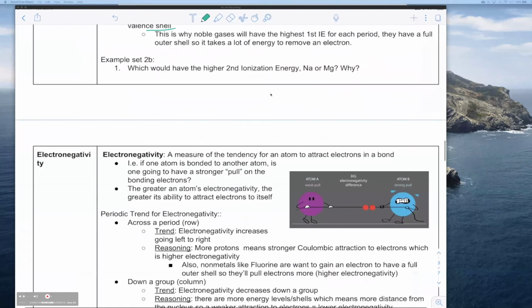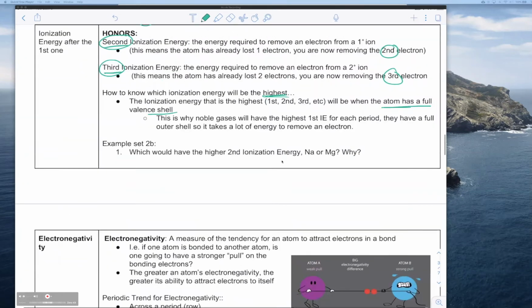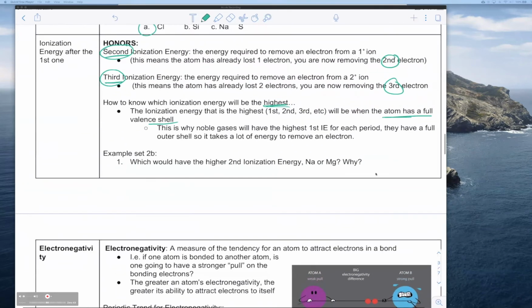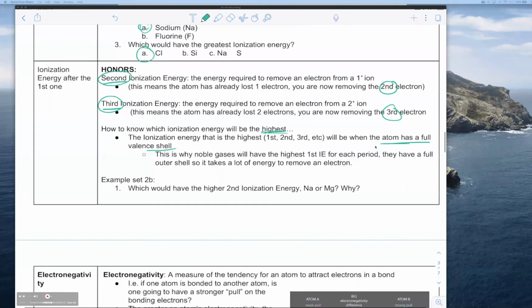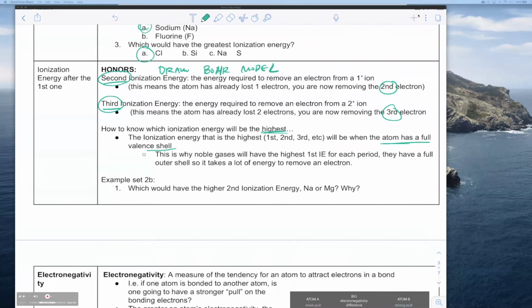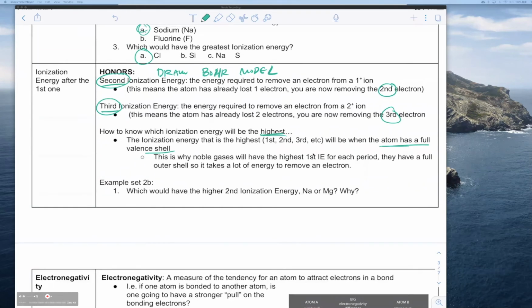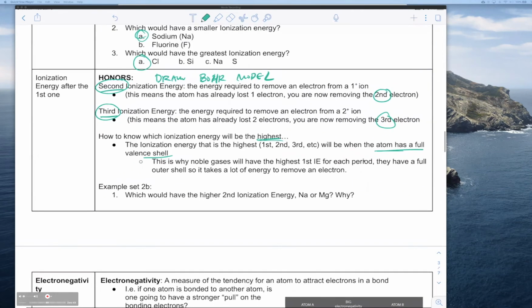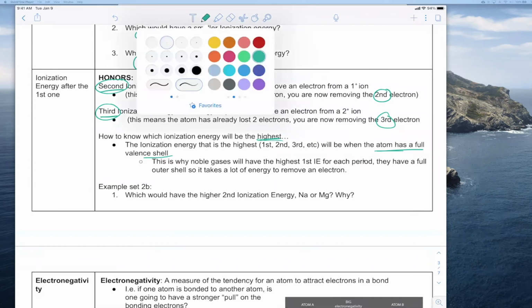So let's go over this. Which of these would have the higher second ionization energy, sodium or magnesium? So again, like the ionic radius, anytime you get one of these questions, you need to draw the Bohr model, or else it's going to be hard to tell what's going on. Okay, so I'm going to draw these out for you guys.